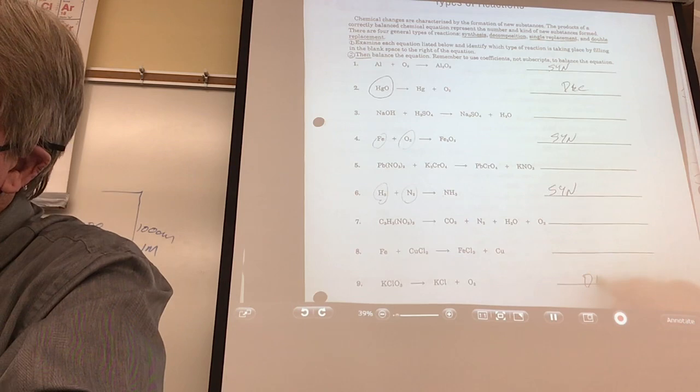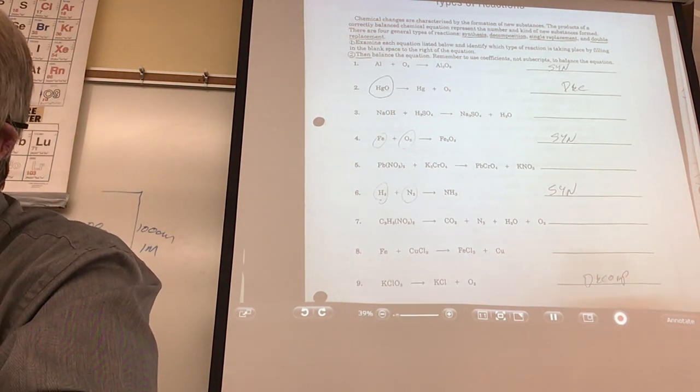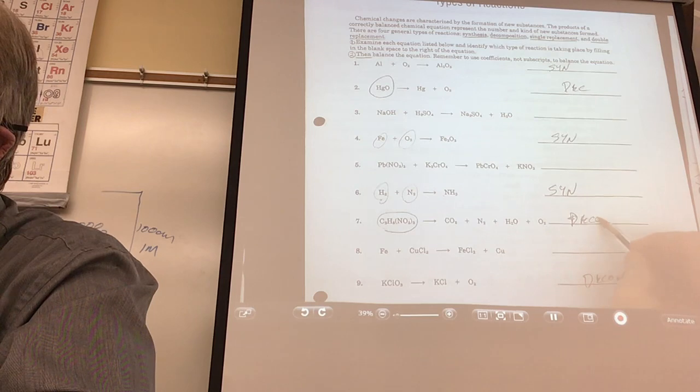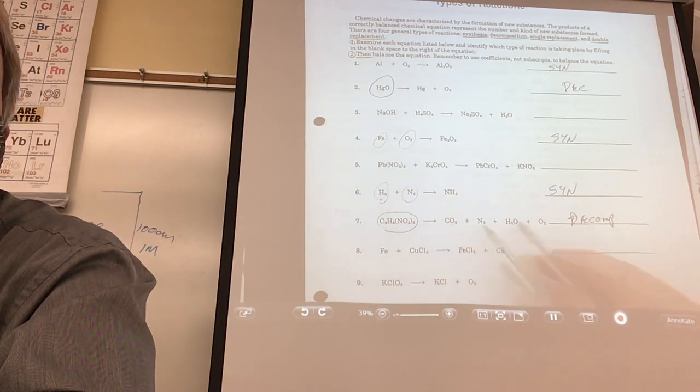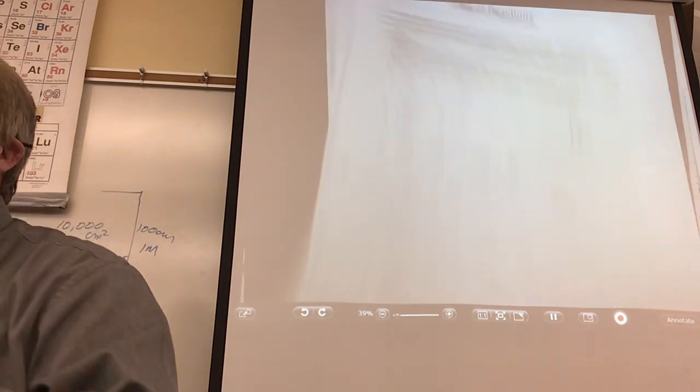Yep. Very good. All right, and even though this didn't break up into 2 things, it only had one reactant, didn't it? It broke up into many things. It really decomposed. All right, what do you think about decomposition?